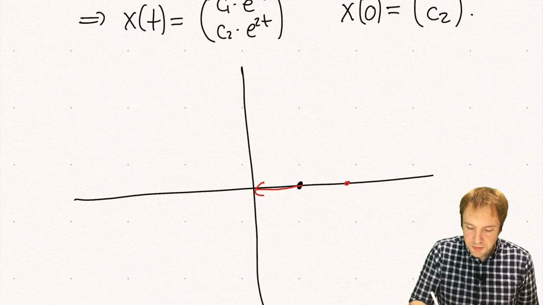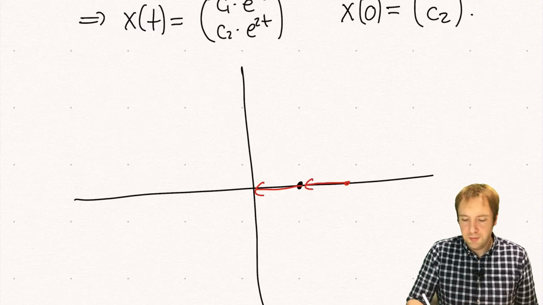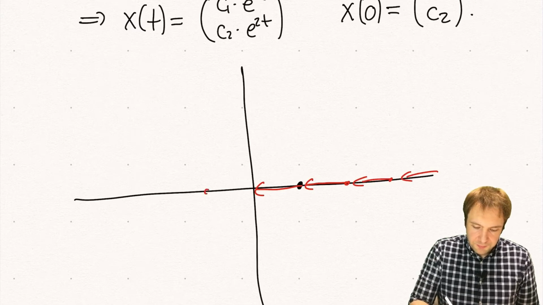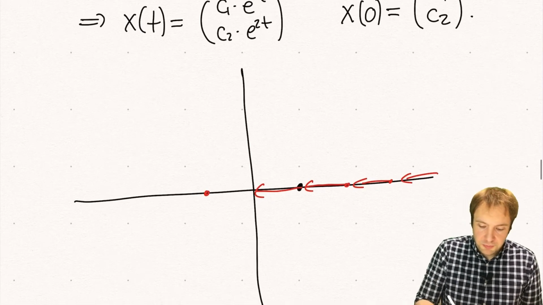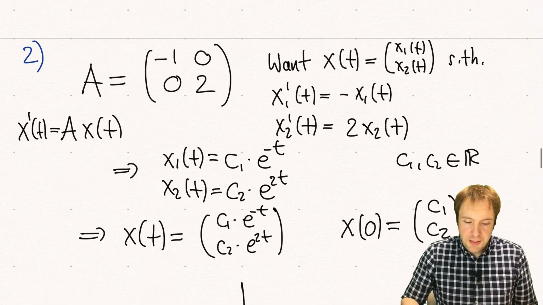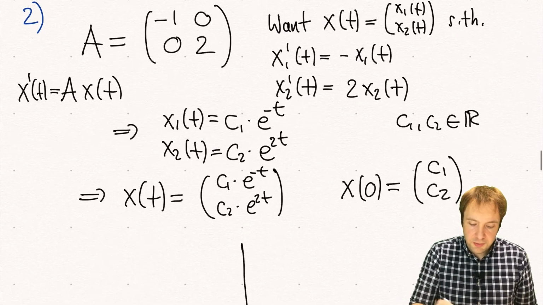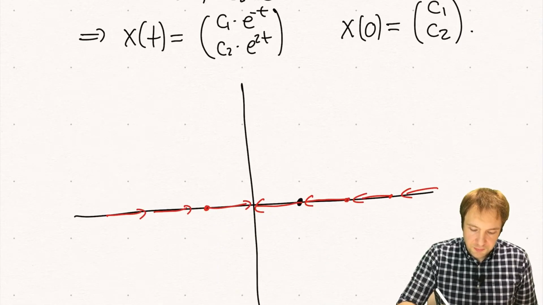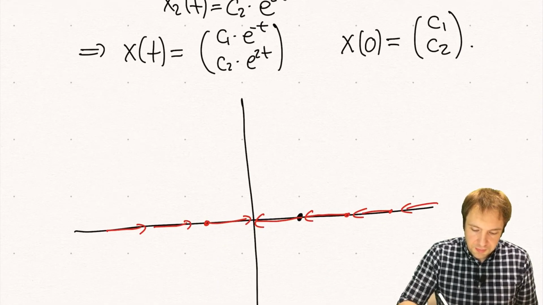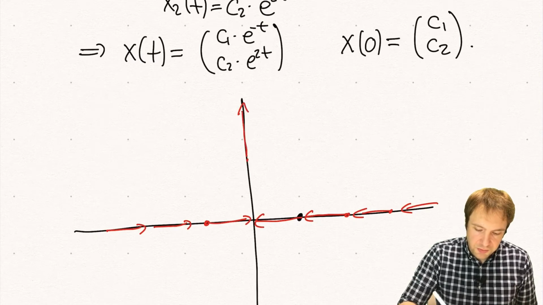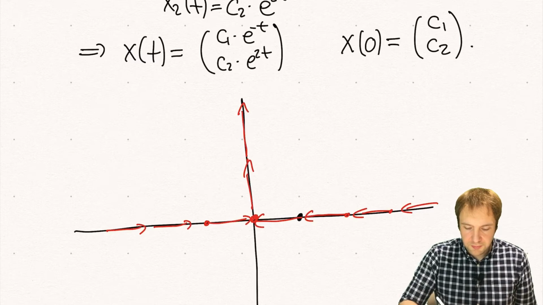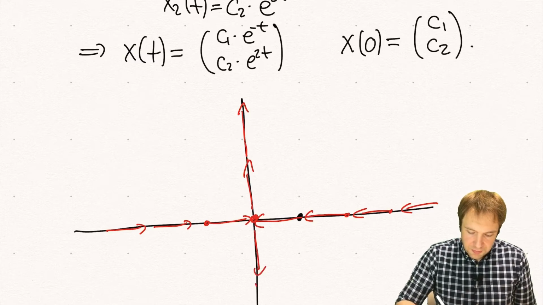At 2, 0 it should go in this direction, and at minus 1, 0 it should go like this. If I'm on the x2 axis, then it's just multiplying with 2, so if I'm here, it should go up. At 0 it always should stay the same.